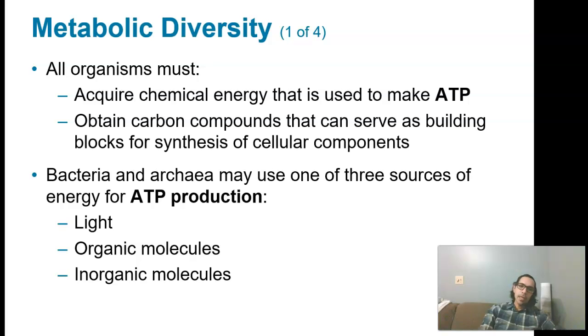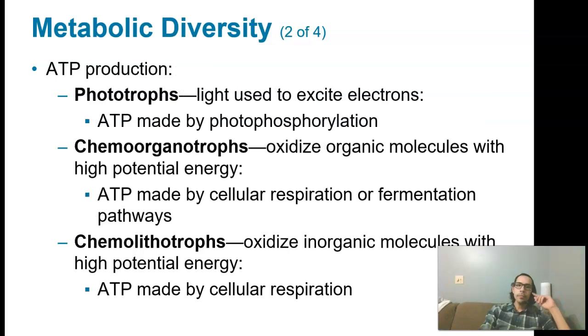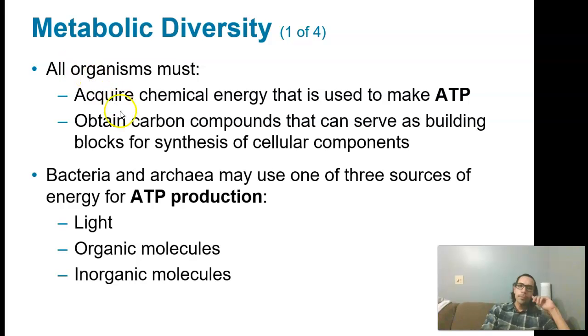They can use organic molecules, which makes them a chemoorganotroph, or they can use inorganic molecules, which makes them a chemolithotroph. So here are the different types as far as ATP production. Remember, there are two parts: the ATP production and also how they acquire carbon.